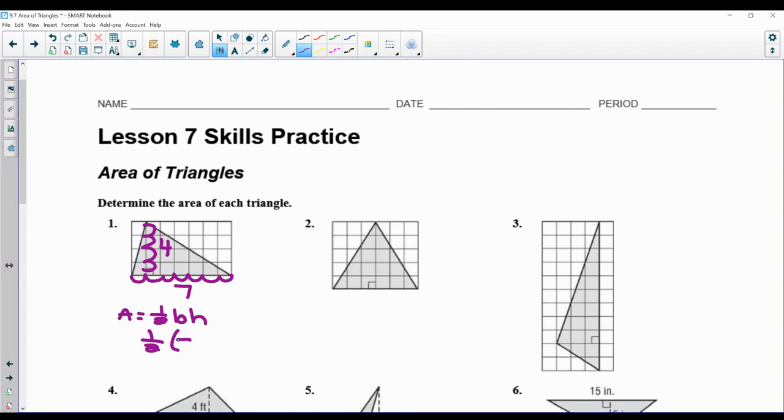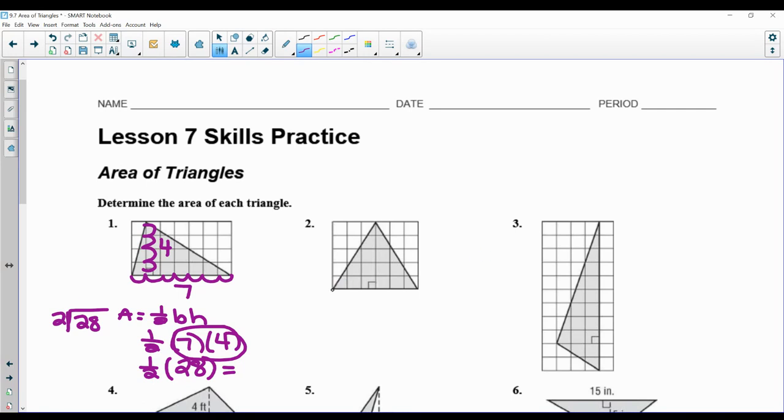Remember, the base is 7, the height is 4. You would multiply these two at the end. 7 times 4 is 28. Then you would need to get half of 28. If you don't know it by memory, what you would do is divide by 2. To get half of a number, you would always have to divide by 2.